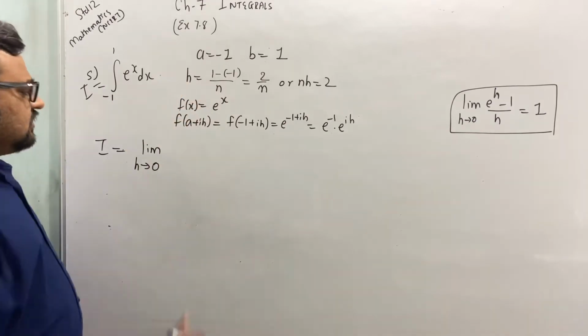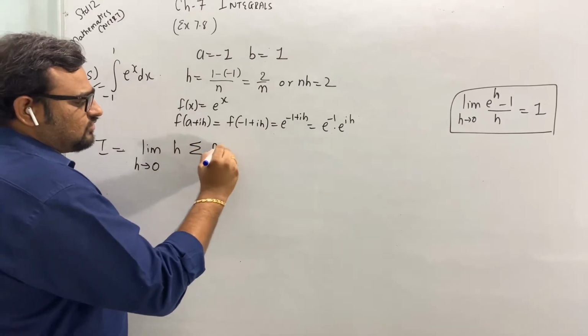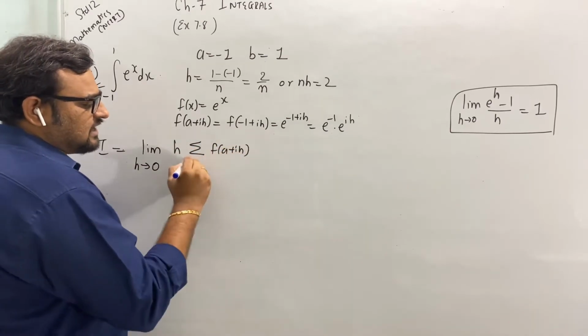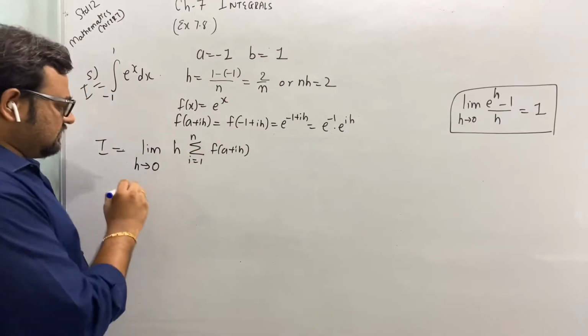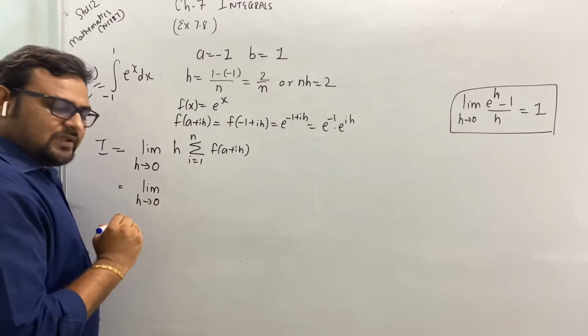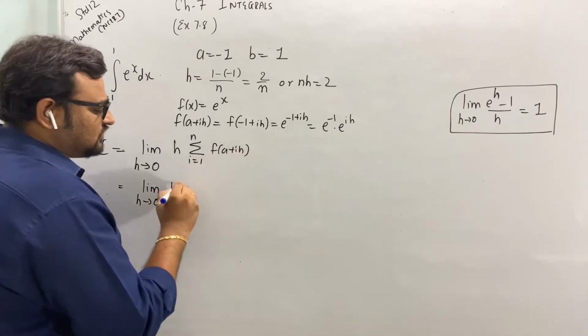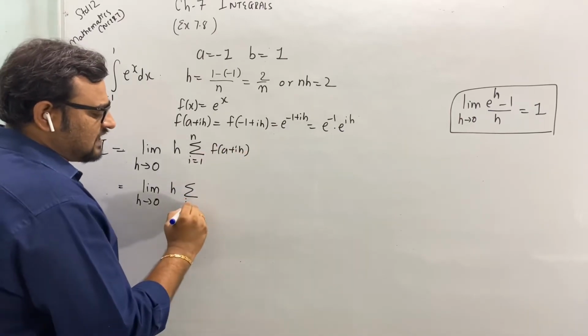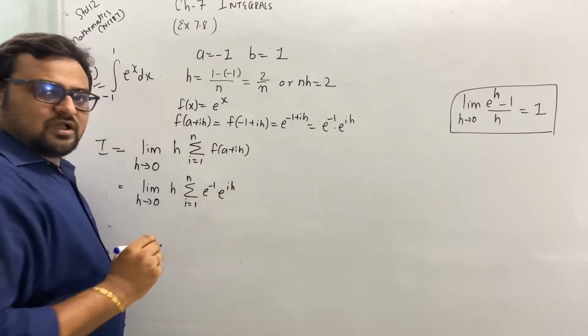Both are the same. So I is limit h tends to 0 of h times the summation, i equal to 1 to n, of f of a plus ih, that is e raised to minus 1 e raised to ih.